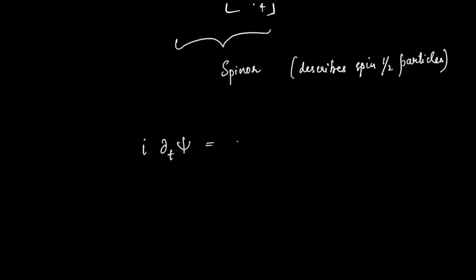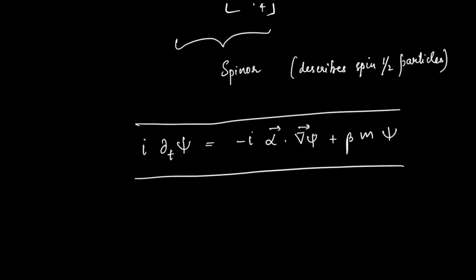This is equal to minus i alpha gradient plus beta m, acting on psi. So this is a matrix equation. psi is a spinor, and alpha and beta must be at minimum 4 cross 4 matrices, and it can have many solutions.